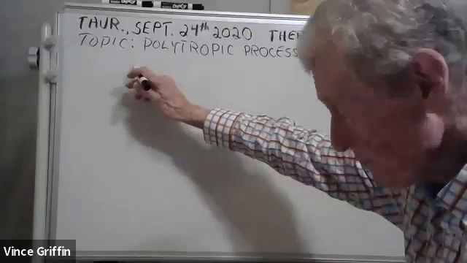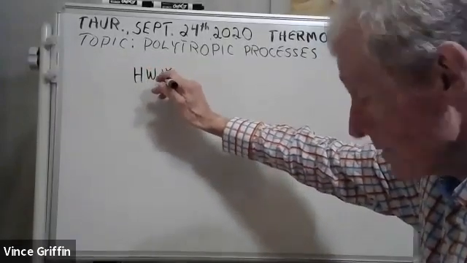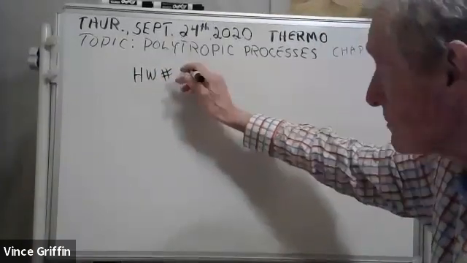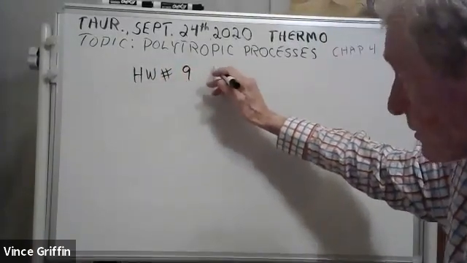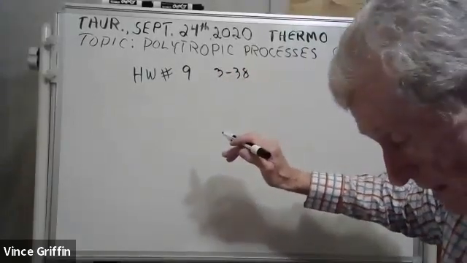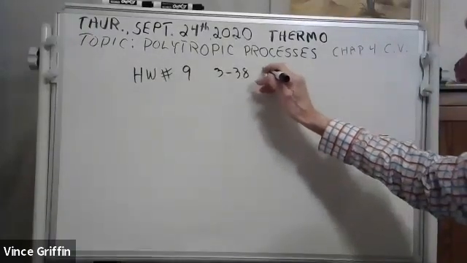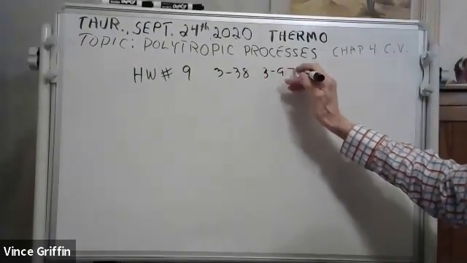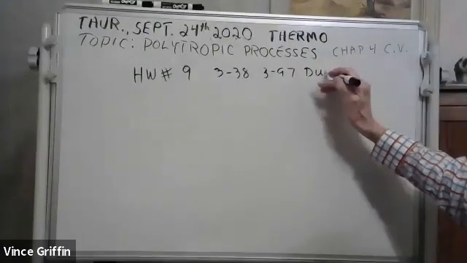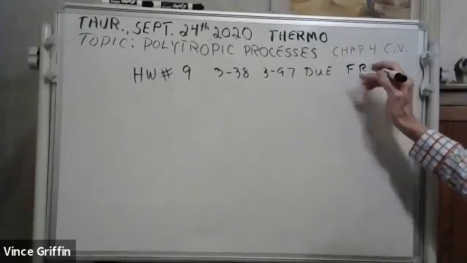Now, what we're talking about is homework number 9. And homework number 9 is 3-38 and 3-97. That's due Friday night. Would that be homework 10 or 9? I have 9.